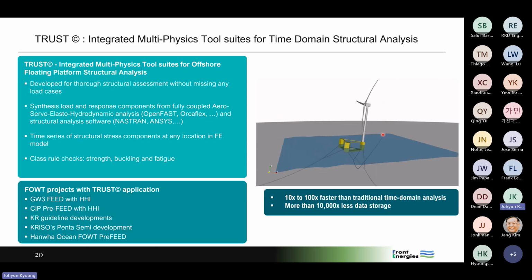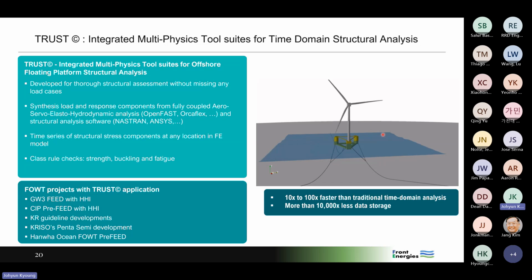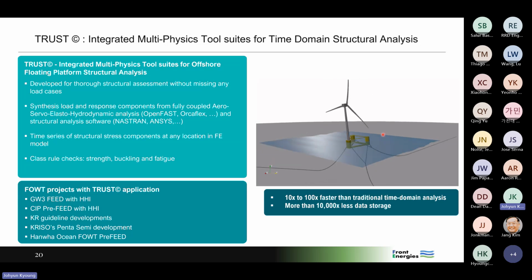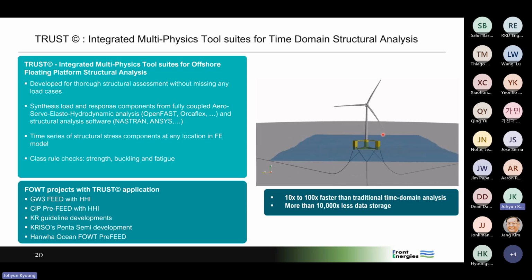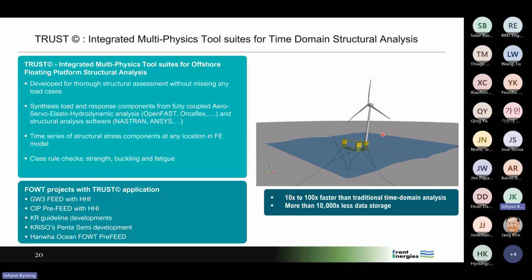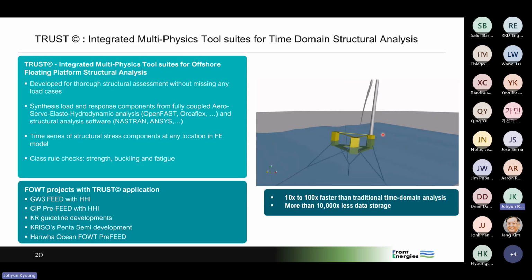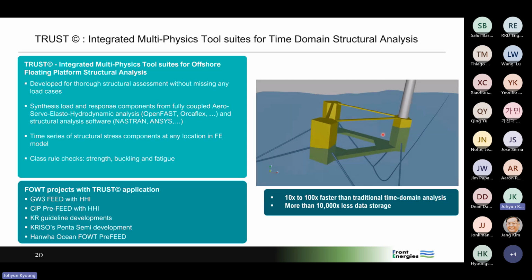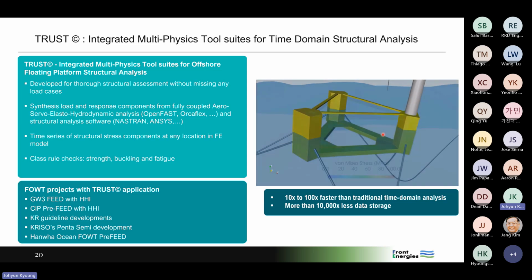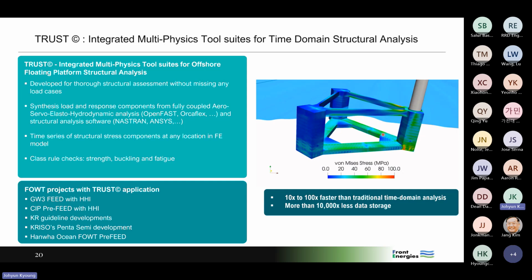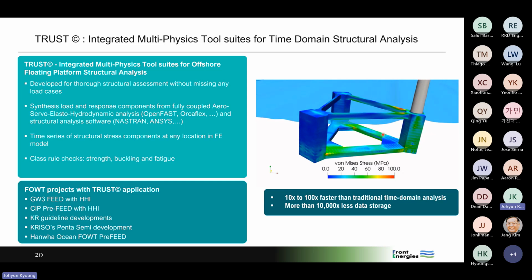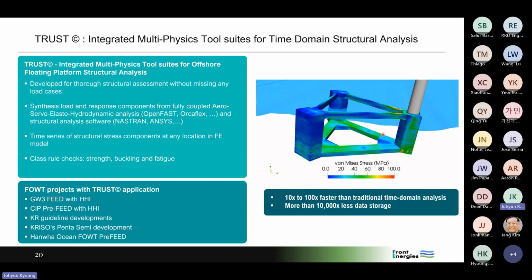Also, the Korean government funded the organization CRISO, which wants to develop a Korean specialized FOWT model. At that time, they applied the TRUST package to develop the penta semi concept. And recently, Hana Ocean is doing a pre-FEED study for some application FOWT.